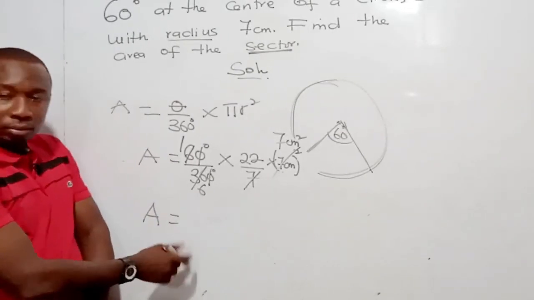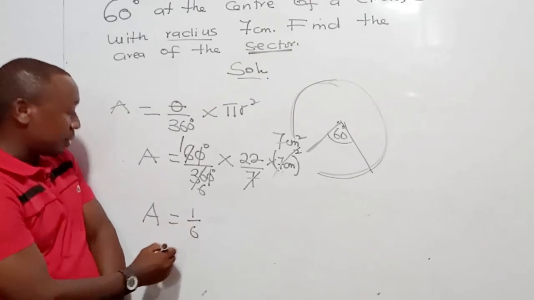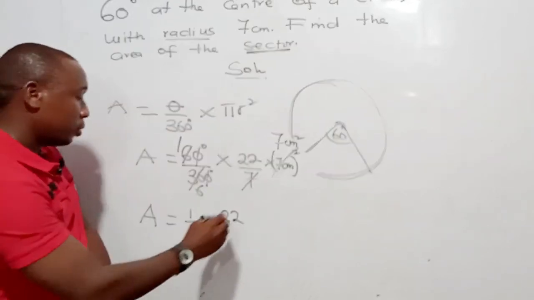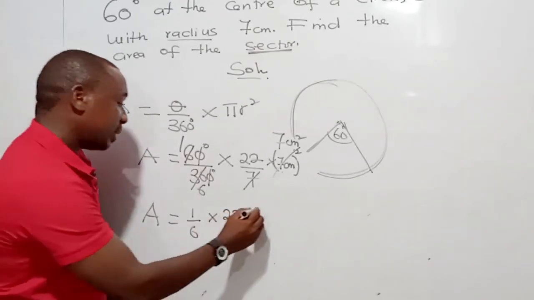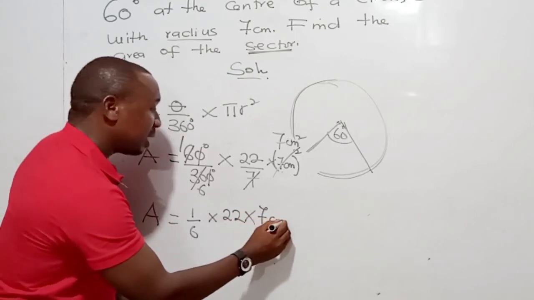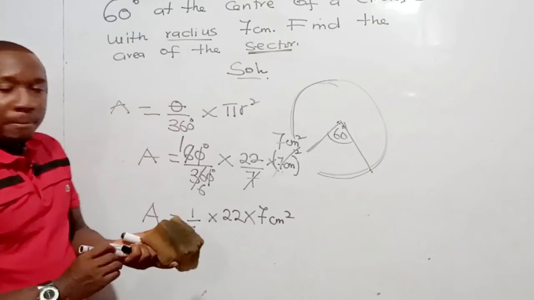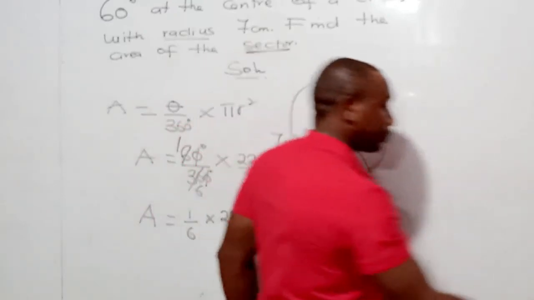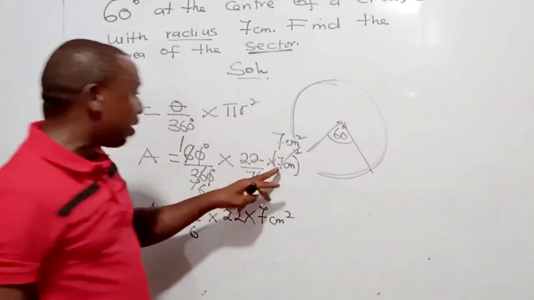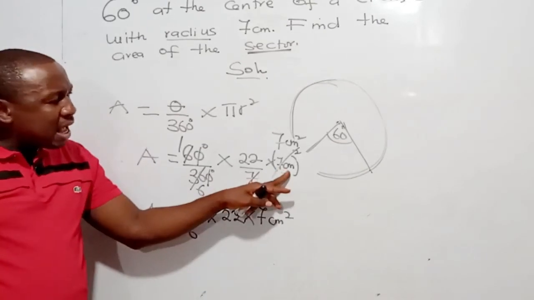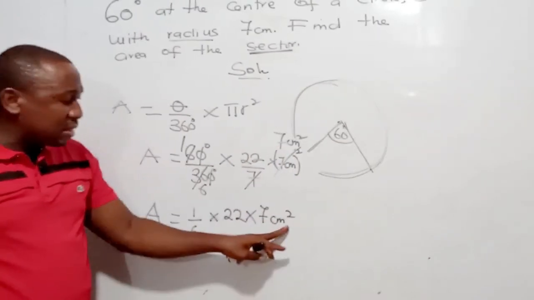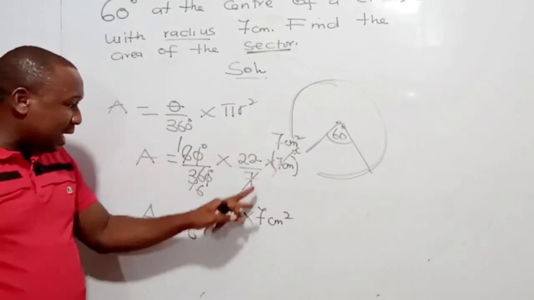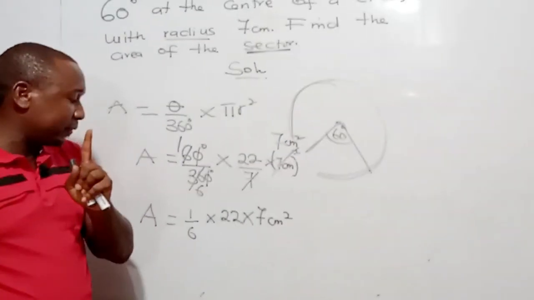When you come down, it will be 1 out of 6 times 22 times 7 centimeters squared. We have cancelled one of the 7s, but the centimeter squared, we did not cancel any of them. 7 squared is 49, this 7 will cancel one of them, and you'll be left with only one 7.